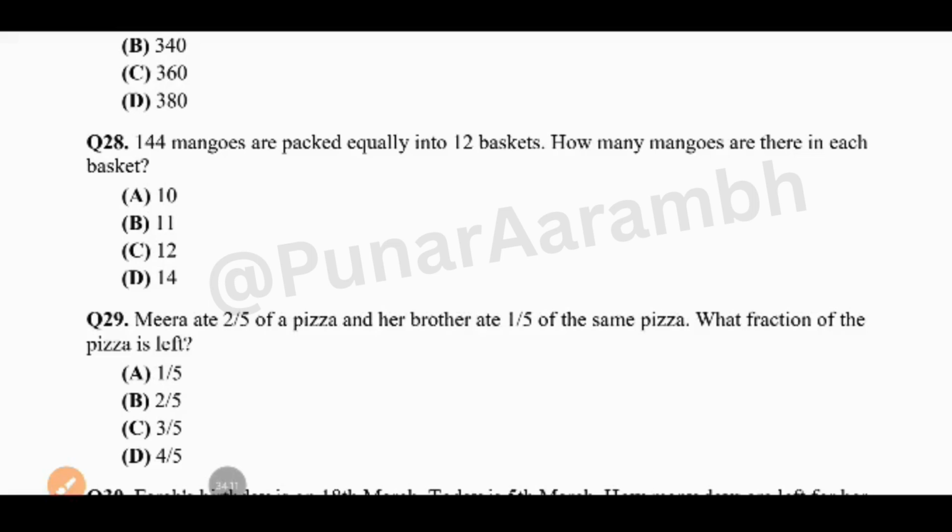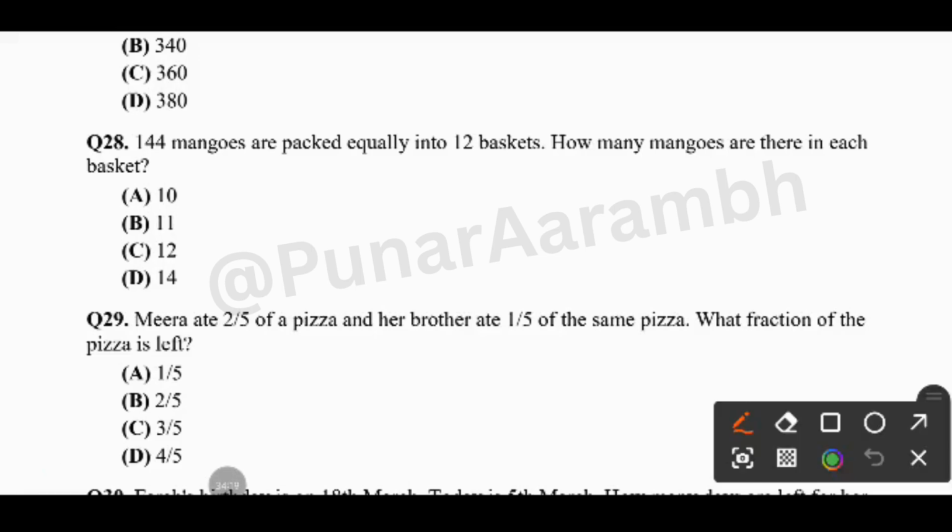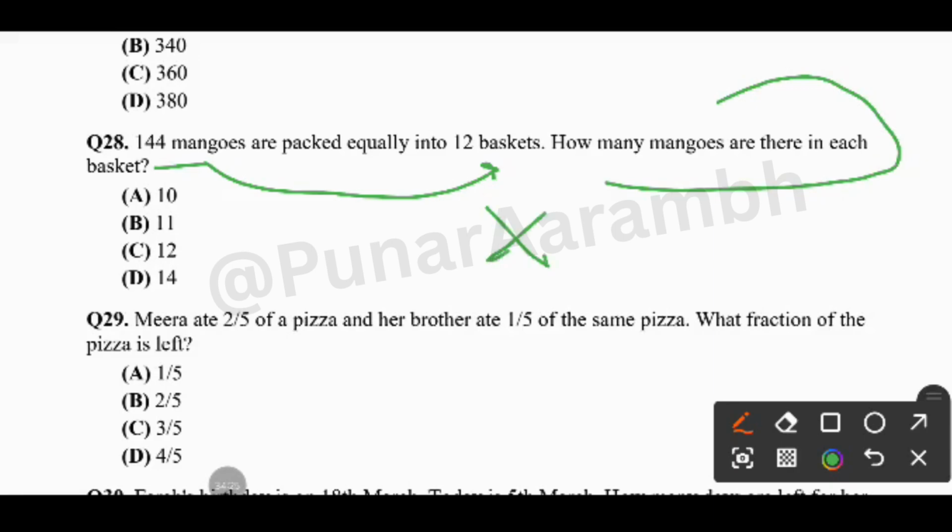Question number 28. 144 mangoes are packed equally in 12 baskets. Again, a similar question. How many mangoes are there in each? Will we do multiplication, or will we do division?